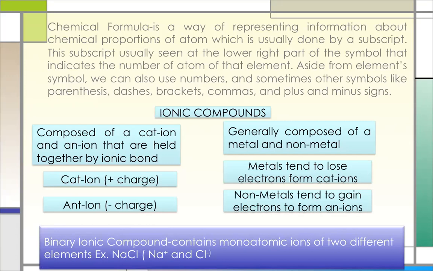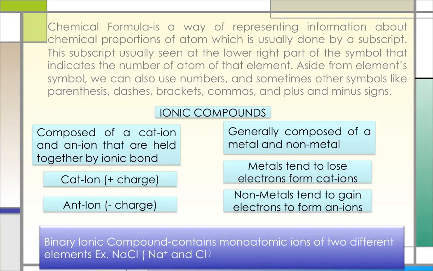We have the chlorine. If you see a charge, the sign in superscript at the top of an element symbol, that is immediately an ion. While if you see a positive, it means a cation. Remember that ionic compounds are composed of a cation and an anion that are held together by ionic bond.